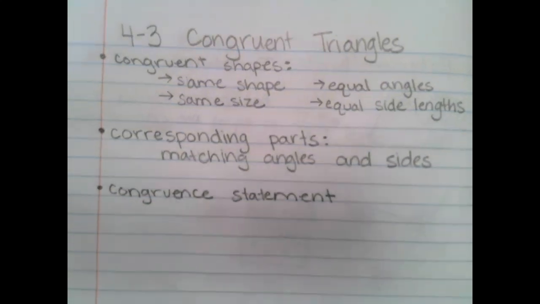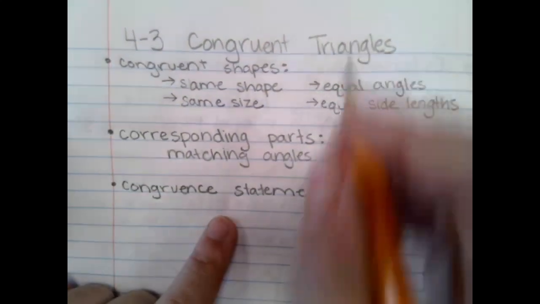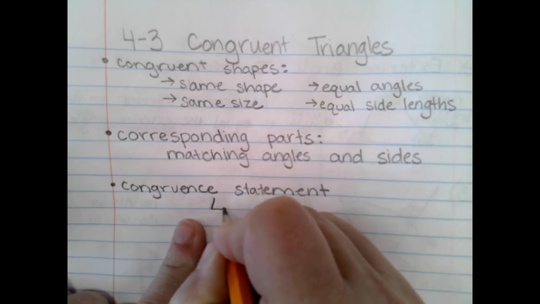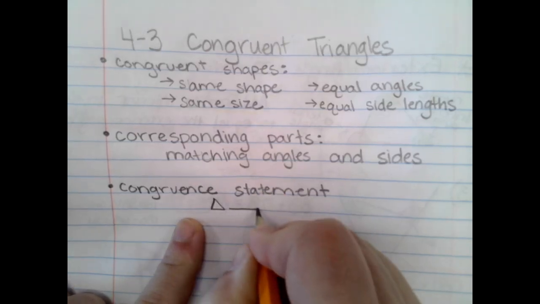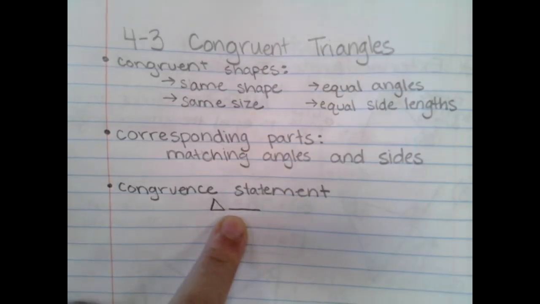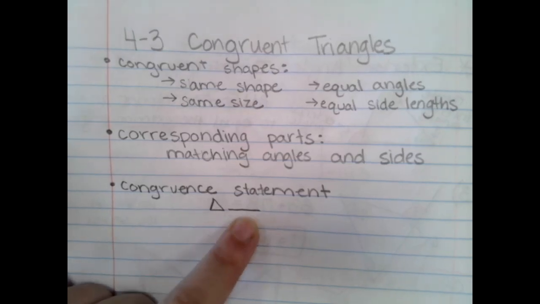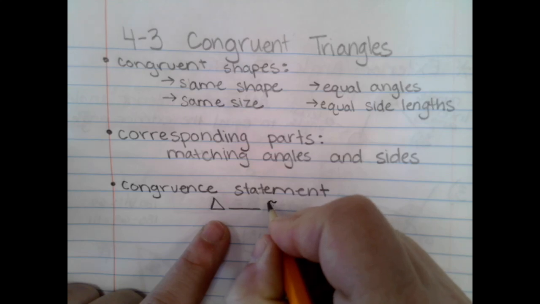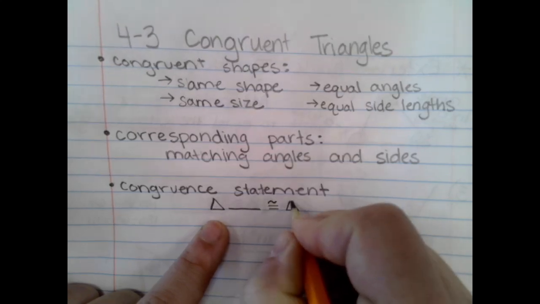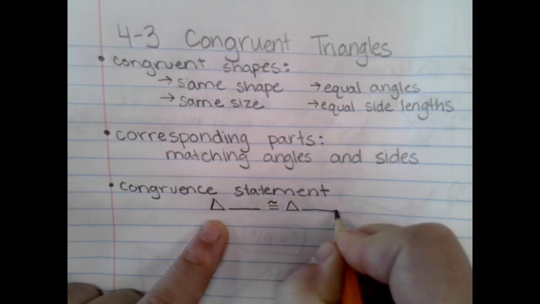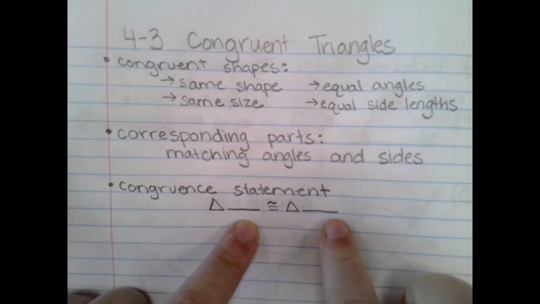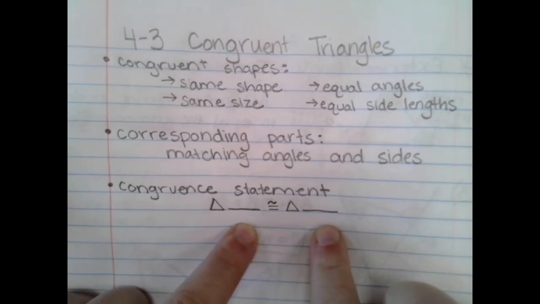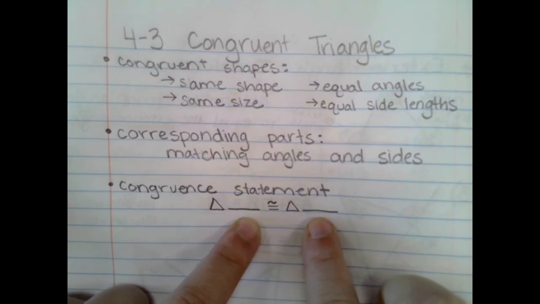So a congruence statement means that today we're talking about triangles specifically. So we'll say triangle, and then we name the 3 points of the triangle, like ABC or JKL. And we'll say it's congruent to triangle, and then we'll have the other one. But what's really important is that the way we name this shows our reader the corresponding parts.